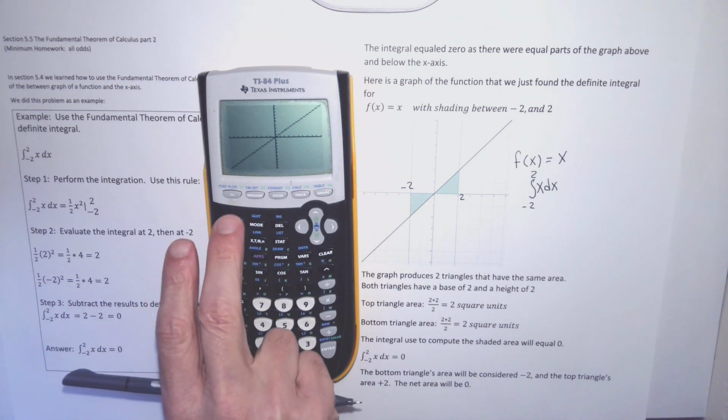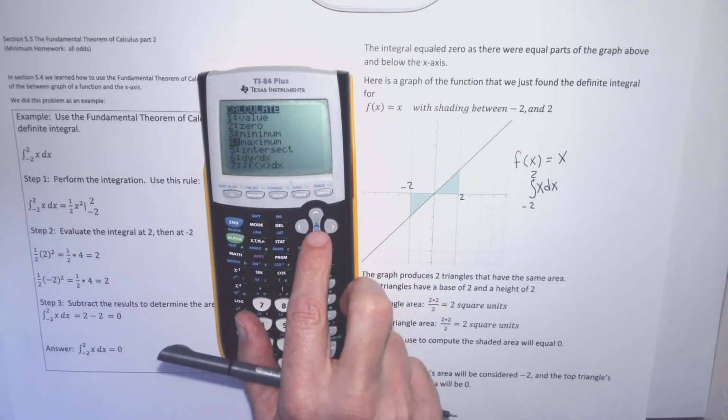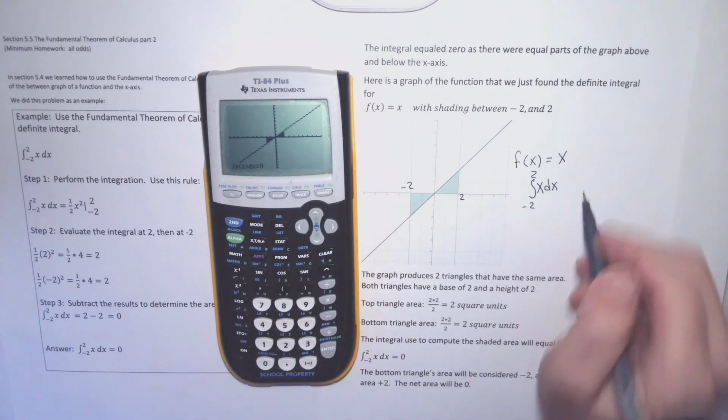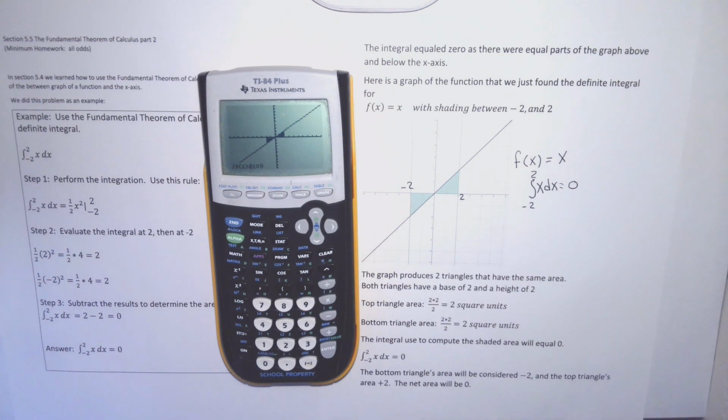If I calculate the area doing the integration, second calc, integral number 7, lower limit first, upper limit second, this comes out to be 0.